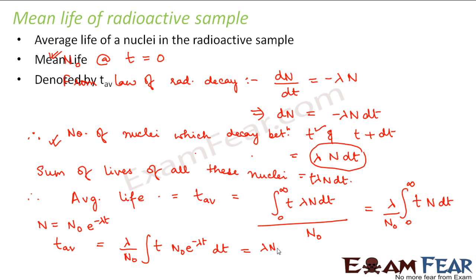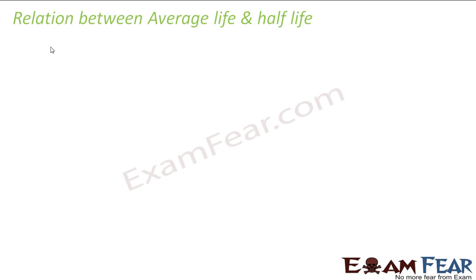So this becomes lambda N naught divided by N naught integration of t e to the power minus lambda t dt. So this N naught and N naught will get cancelled. So we get T average is equal to lambda into integration of t e to the power minus lambda t dt, integrating over t equal to 0 to infinity.